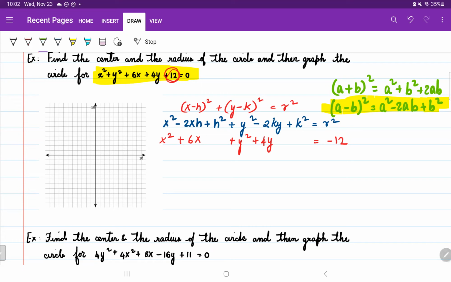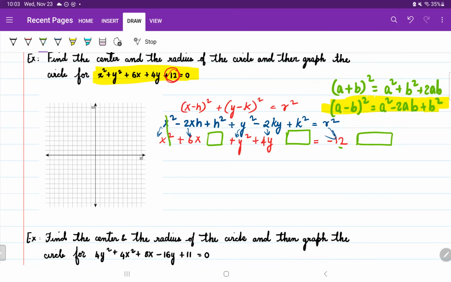So here, as you see, we need something here and something here, and definitely something here to make this a positive number, right? So let us again compare term by term. As you see, x squared is x squared, so we are good with this.